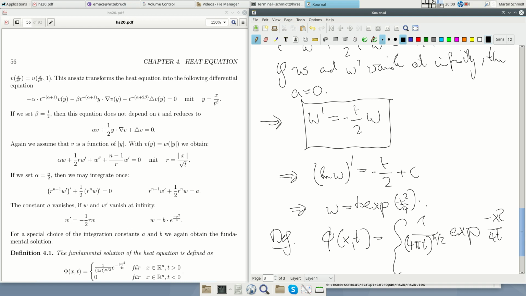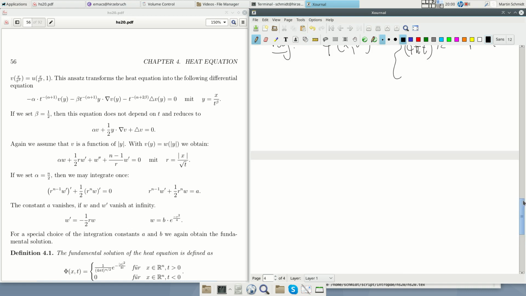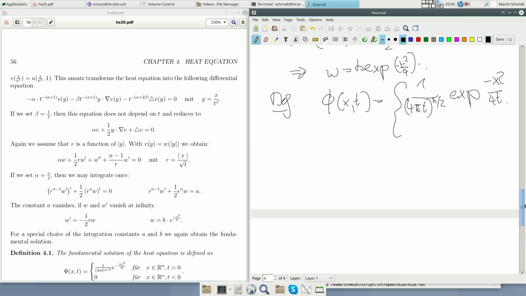Yeah, this is r squared. r squared is nothing other than x squared over t. Okay, and so we get this factor is exactly this. Okay, and this is for t larger than 0, and 0 for t smaller or equal to 0.